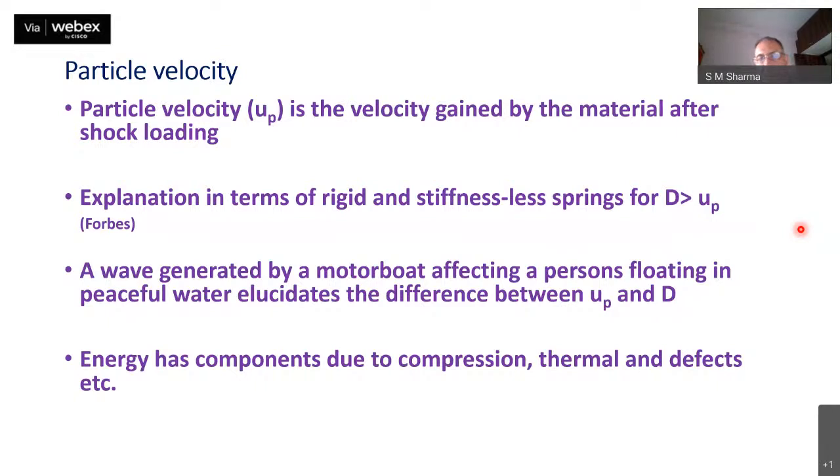But after a while, the center of mass of the person who was floating also moves towards the shore. That subsequent, later movement is what the particle velocity, UP, is. So it is important to remember that the particle velocity is the mass velocity gained as a consequence of the material being subjected to a shock wave.